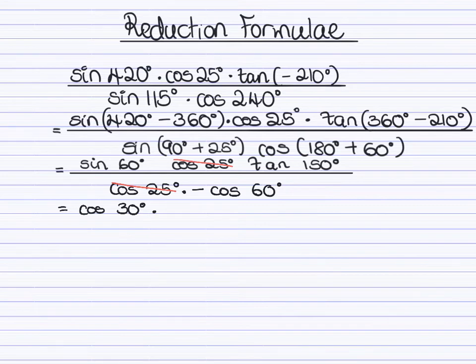Then the tan 150, now that is in your second quadrant. In the second quadrant, I know that I will have tan of 180 minus 30 degrees, okay? In the denominator, what I'm left with is negative cos 60 degrees.